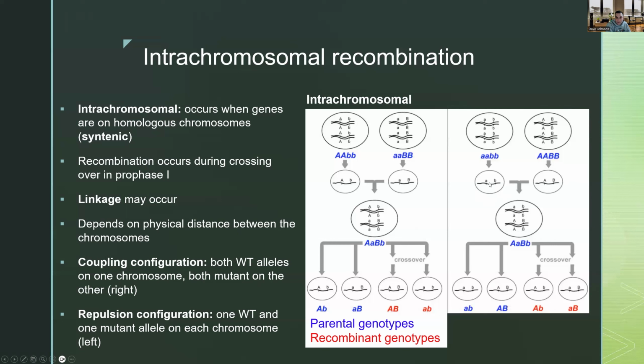Both little a and little b are together, big A, big B. Or in the case I just showed you here, this is what we call the repulsion configuration, big A, little a, big B. Now again, we know this because it's in the picture. In real life, we might not know that, and we might want to find that out, and we can actually use linkage analysis to try to figure this out in some cases.